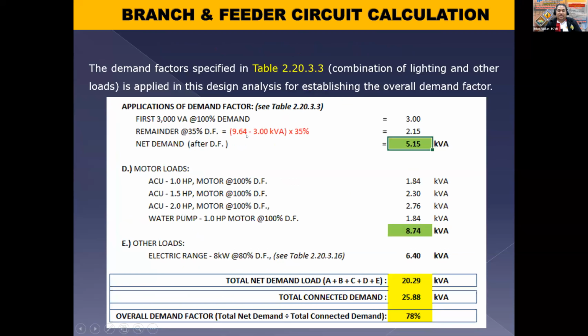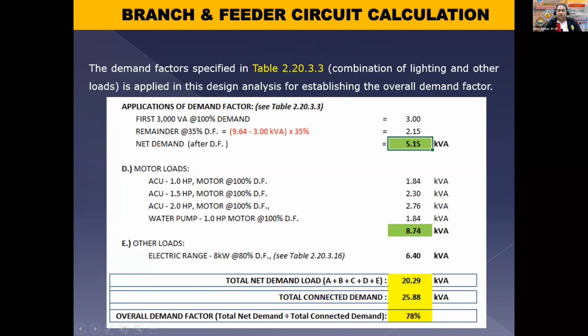So with the lighting. Now just to demonstrate how to apply the demand factors, let's say we added the outlets and lighting. So our demand is 9.64, with no adjustment yet. Now we apply the first 3 kVA.